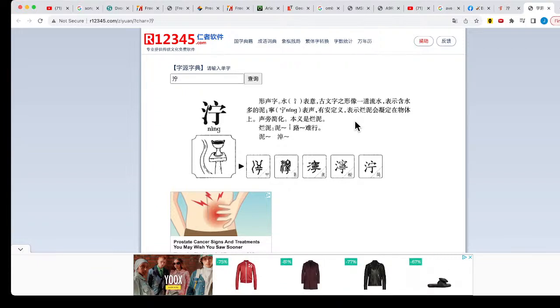For muddy things to form, the place has to be stable, a shallow place that lets the water stay, and then it becomes a muddy place. If it's floating water, then it becomes a river. So why this peaceful, calm character? They use it for this purpose. So this is Ning.